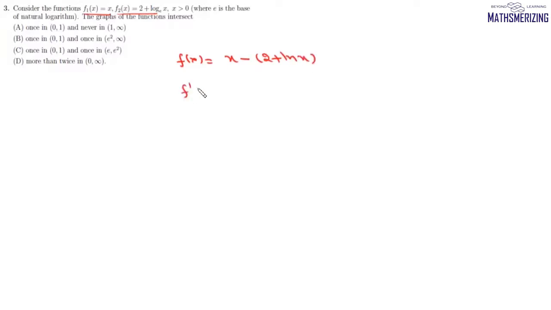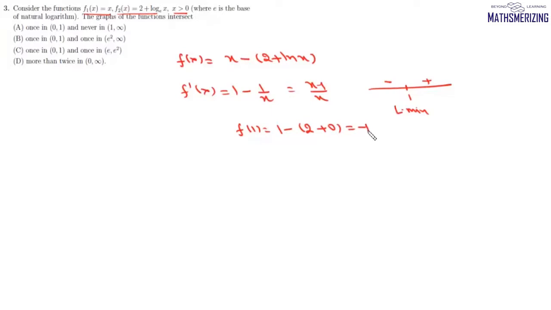Now we find f dash x will be 1 minus 1 upon x. So this is x minus 1 upon x. We are given that x is greater than 0, so the only critical point here is 1. The right side is plus and this is minus. So there is a local minima at 1, and the value of this function at 1 will be 1 minus 2 plus log 1, which is 0, so it will be minus 1.